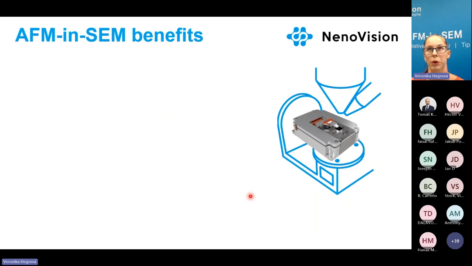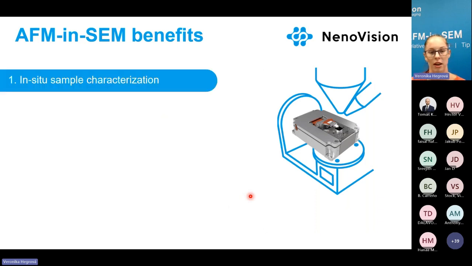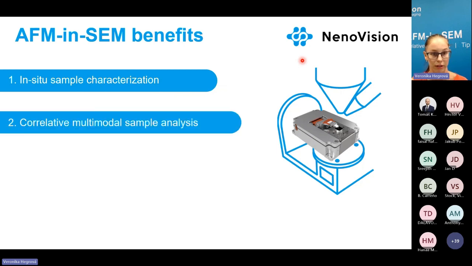And so if I should point some of the benefits, I would definitely say it's in situ sample characterization, because we have everything under in situ conditions. So there is no need of transferring the sample, no need of changing the actual conditions. So we are there.